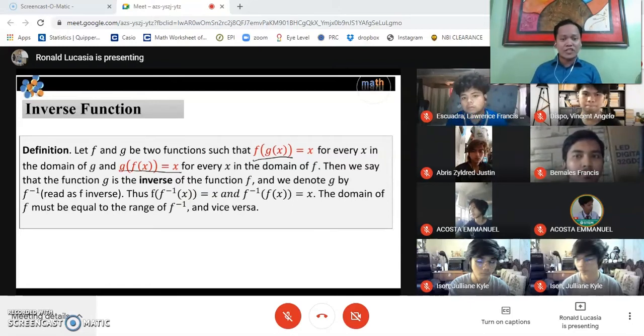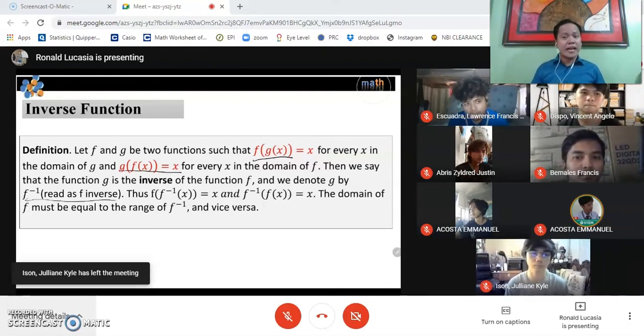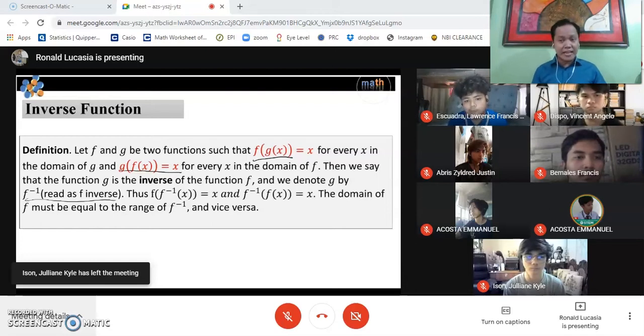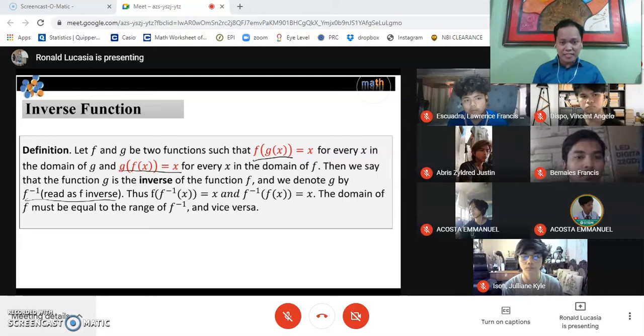And we denote g by f inverse, and f of f inverse of x is equal to x, and f inverse of f of x is equal to x. So the domain of the original function will be the range of the inverse and vice versa. The range of the original function becomes the domain of the inverse function.